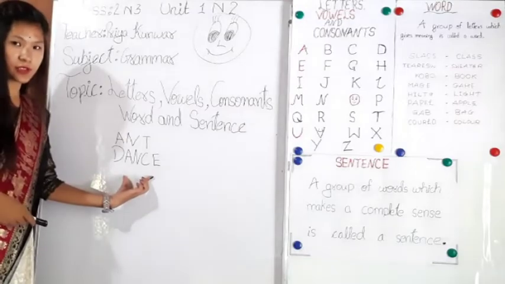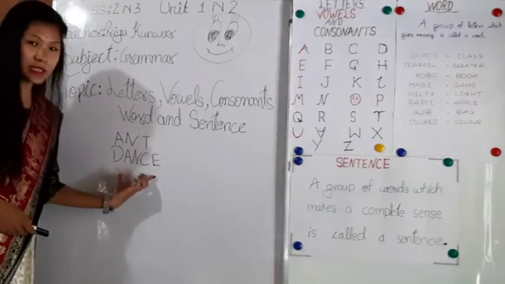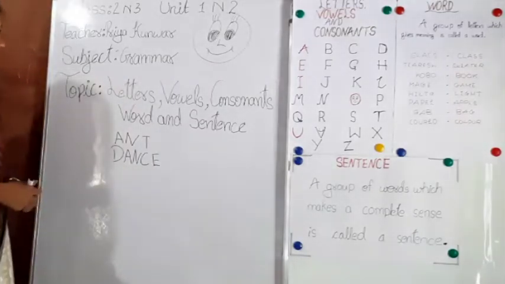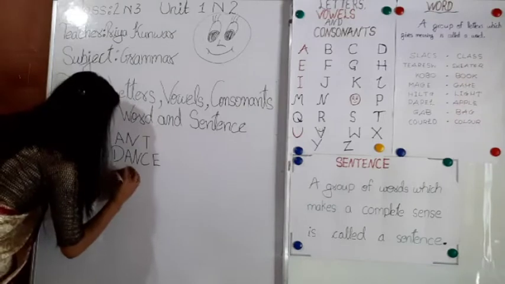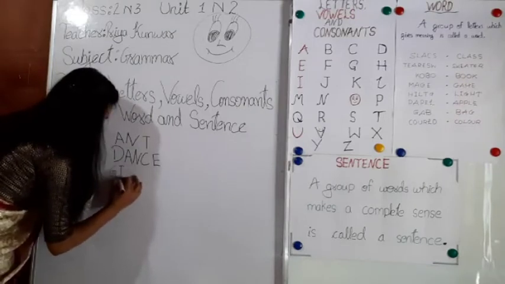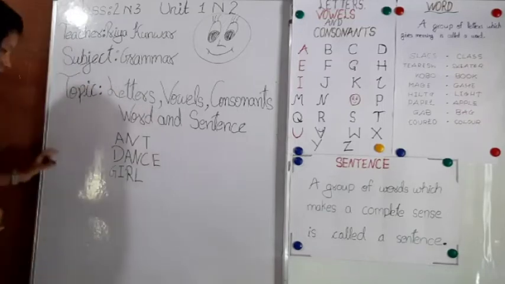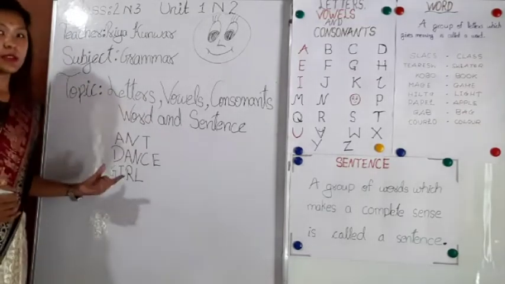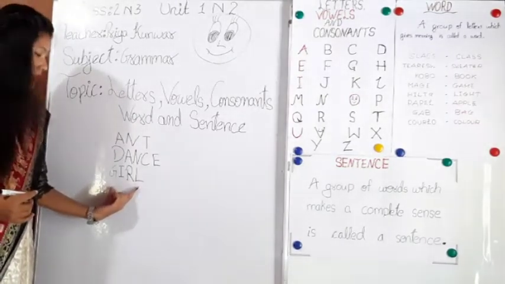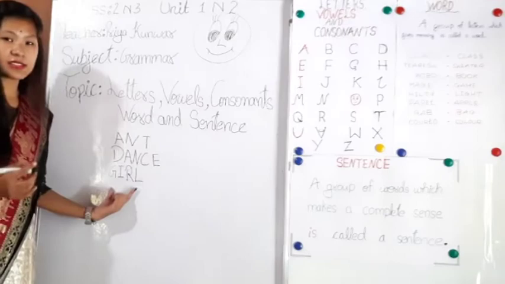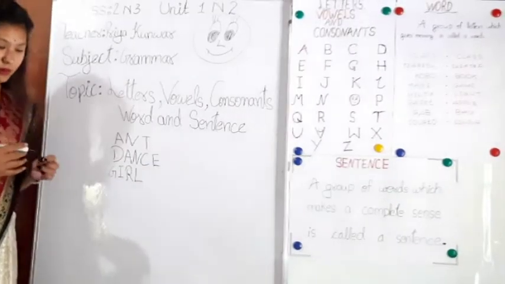It gives information, so it is a complete word. Next, G, I, R, L, girl. This group of letters also gives meaning or sense, so it is also a complete word.